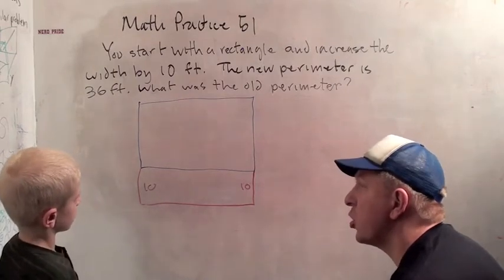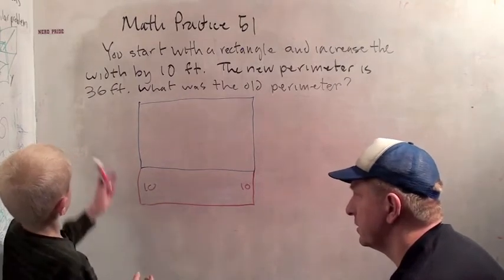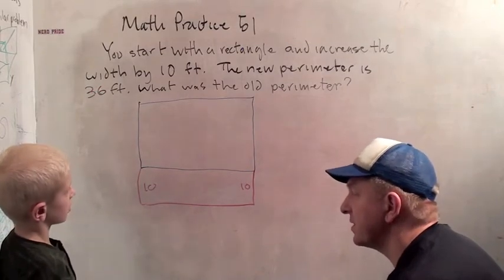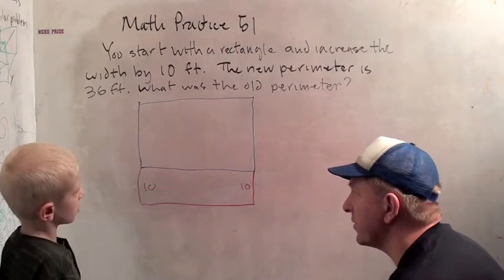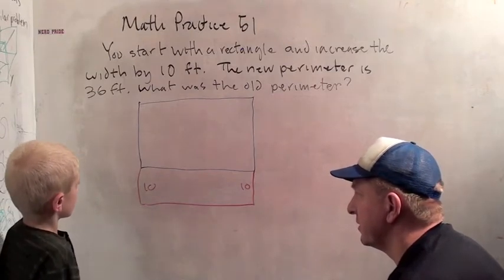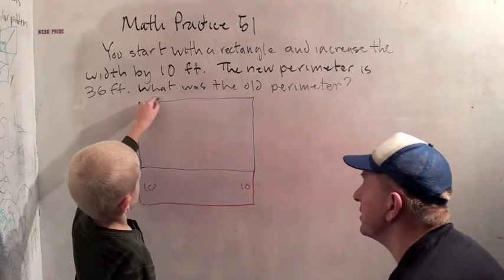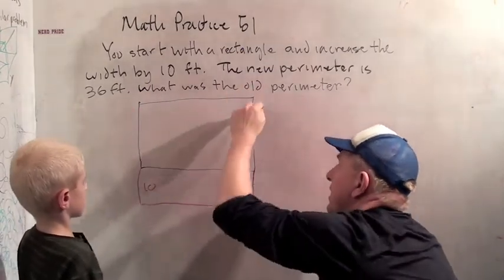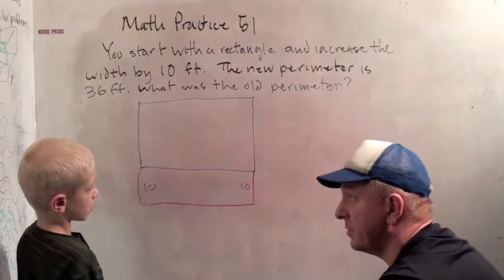What is the perimeter? Show me the perimeter of the new rectangle. 36. Yes, it is 36. Where is the perimeter? Go walk around the perimeter with your fingers. There you go. That's the perimeter. It goes all the way around the rectangle like that, right?